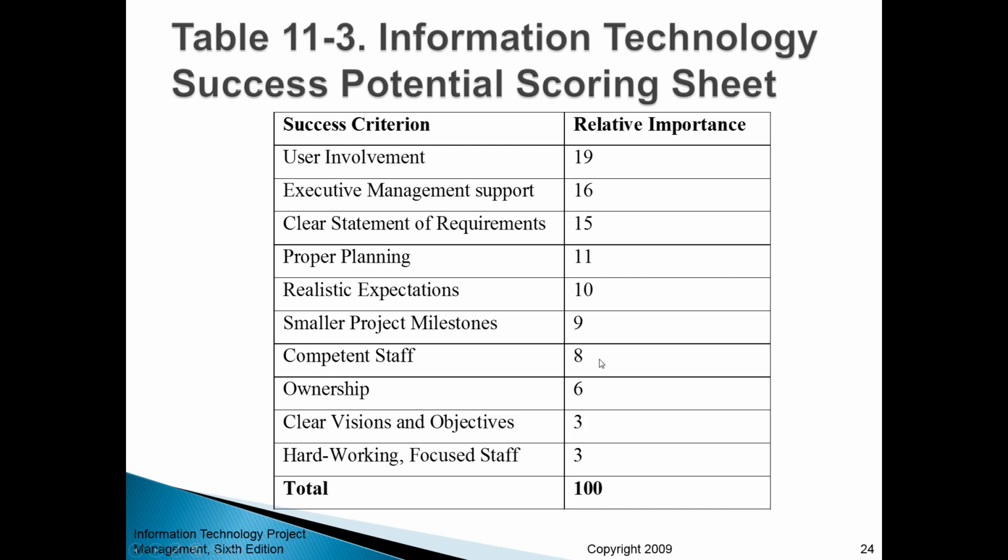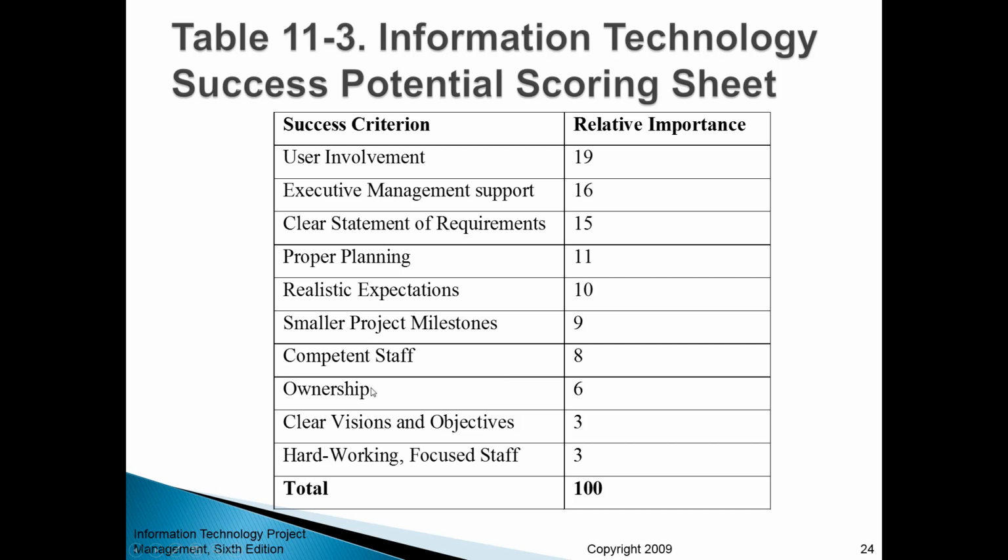Competent staff, to me it's surprising that it has a relatively low ranking. I think staff competency, the fact that your staff is motivated and qualified to perform work, is one of the top risk areas. Ownership, meaning the project is clearly sponsored and owned by several stakeholders, so it's clear who is your friend when it comes to delivering this project.